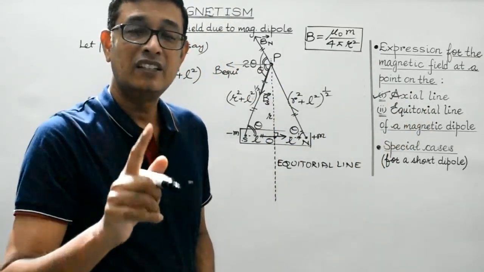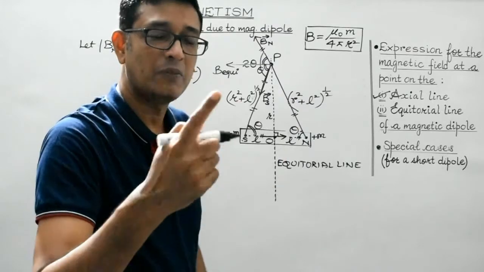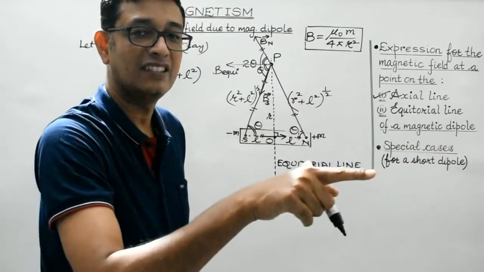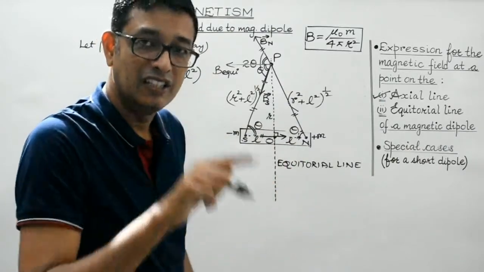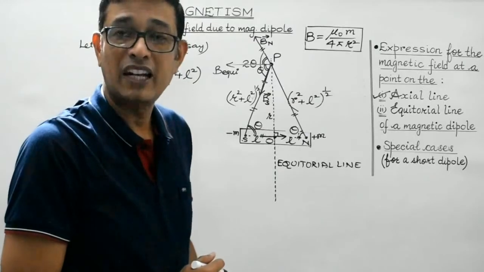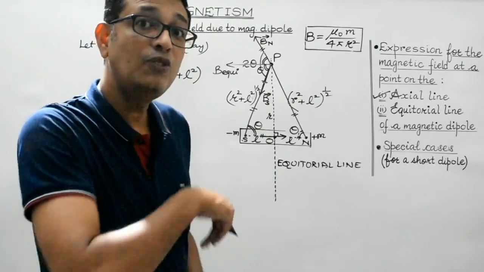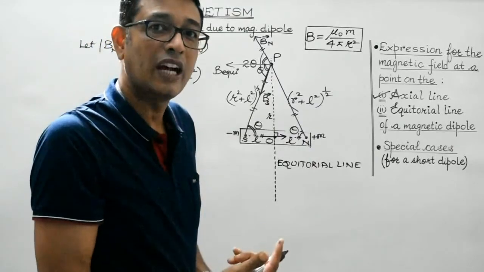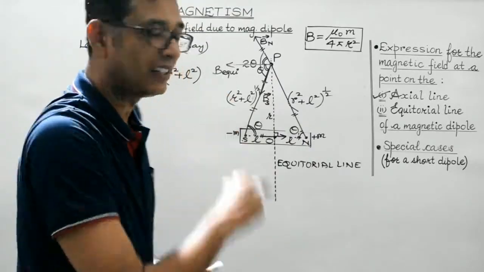Remember, students, in the case of axial, the direction of the magnetic field is along the direction of magnetic moment or magnetic length, that is from south to north. But here, in the case of equatorial line, the magnetic field at a point due to the dipole is from north to south, that is in a direction opposite to that of the magnetic moment or magnetic length.